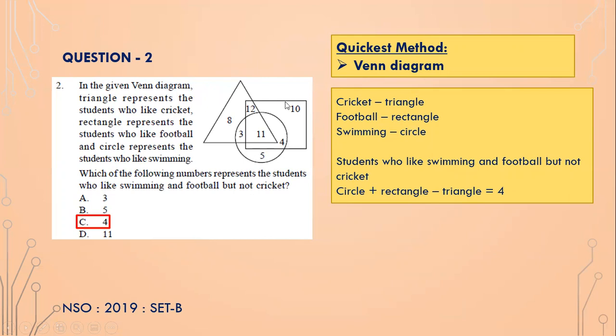So circle plus rectangle is how much? There are four common, isn't it? You don't have to consider the numbers in the triangle.